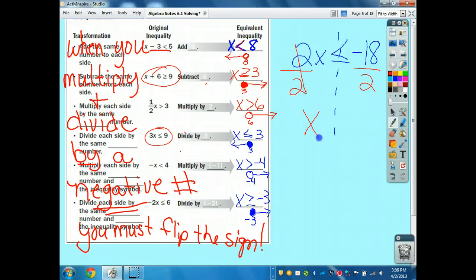So x, what's -18 divided by 2? -9. Do I flip the sign? No, because we're not dividing by a negative. This 18 is negative, but that doesn't matter because we're dividing by a positive 2. It has to be the number you divide by that's negative in order for you to flip it. So this one would not be flipped. It would stay the same.